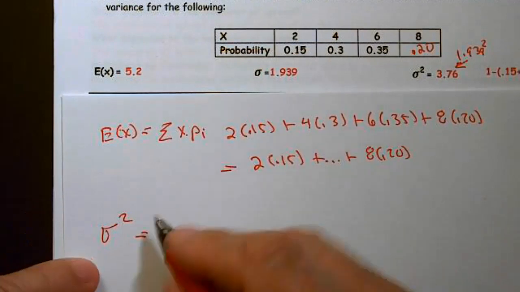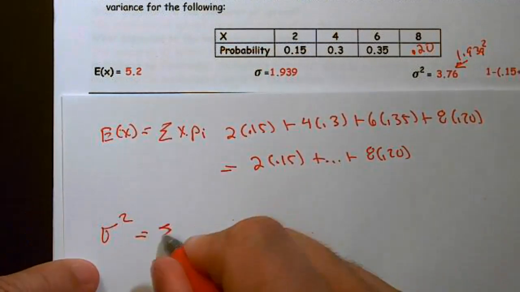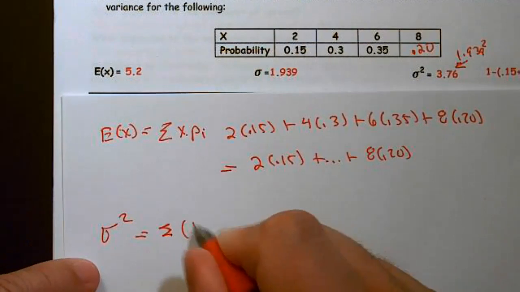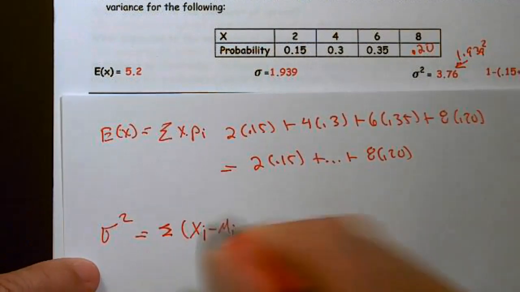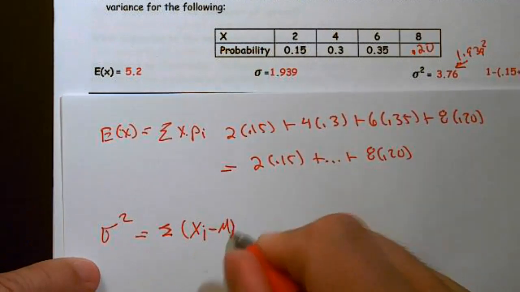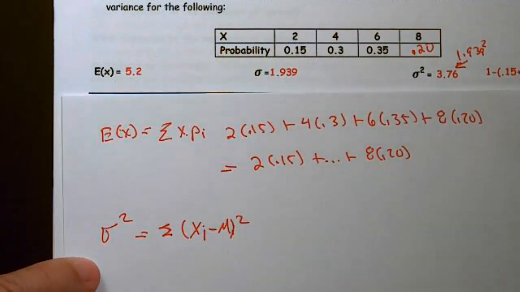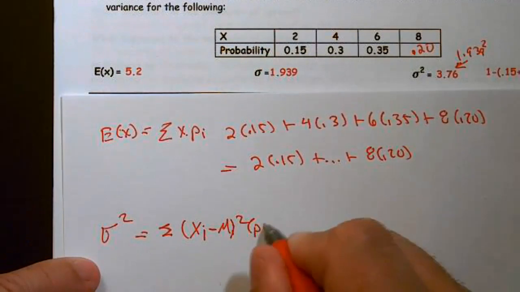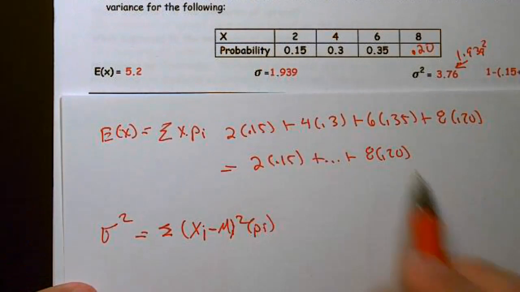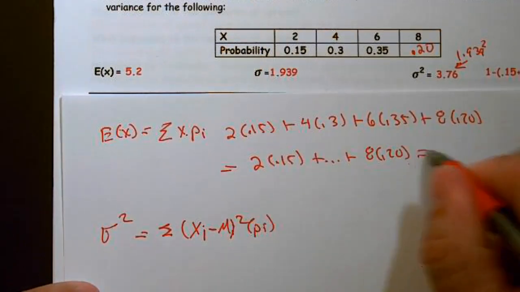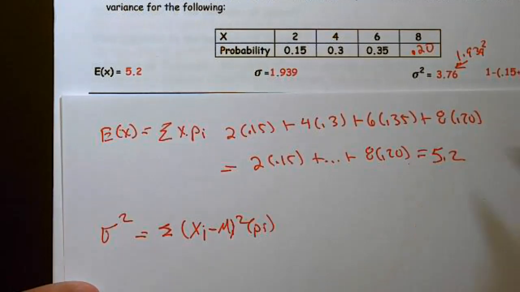Our variance is just going to be the sum of the individual x's minus the mean, that squared times the associated probabilities. Well, we just calculated our expected value, and we said that that was 5.2.